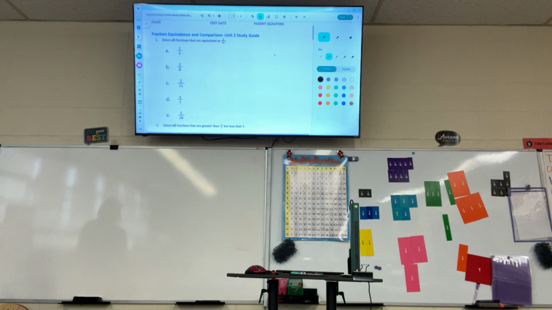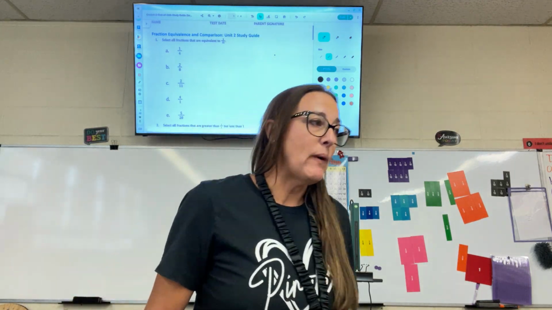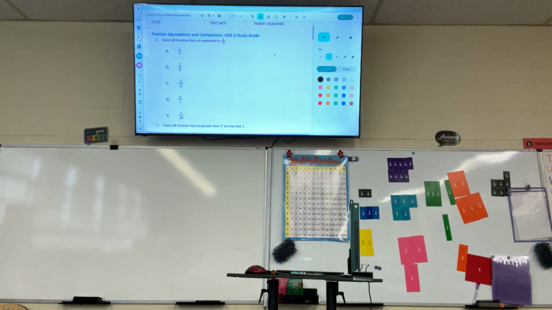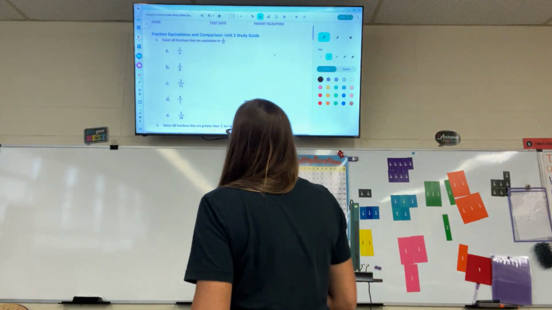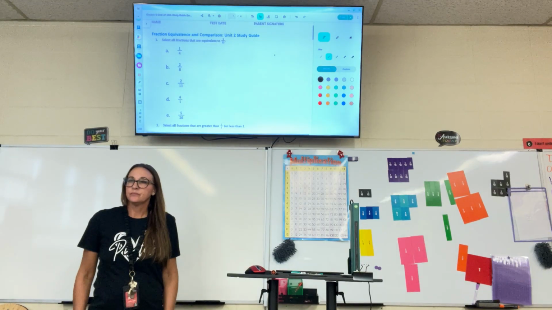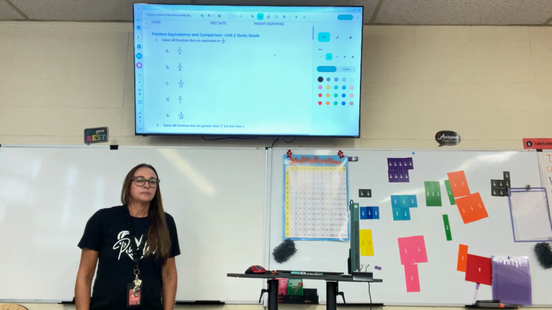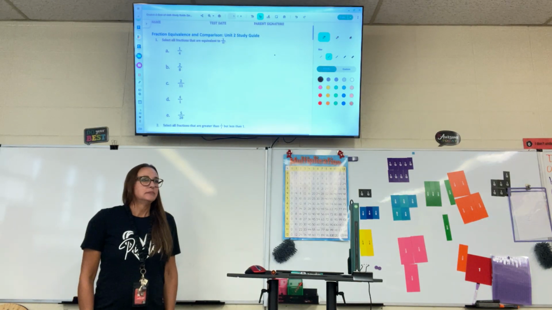Okay, here we go. Select all fractions that are equivalent to 3/12. So how do we figure out if a fraction is equivalent to 3/12? Emlyn? Double the number? Nope. Ansley? Oh, I know. You divide it.